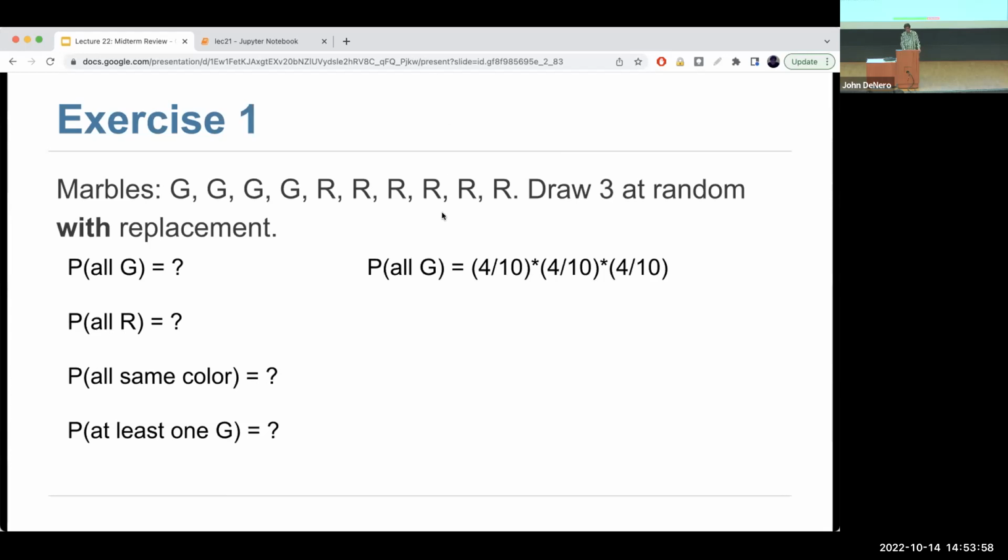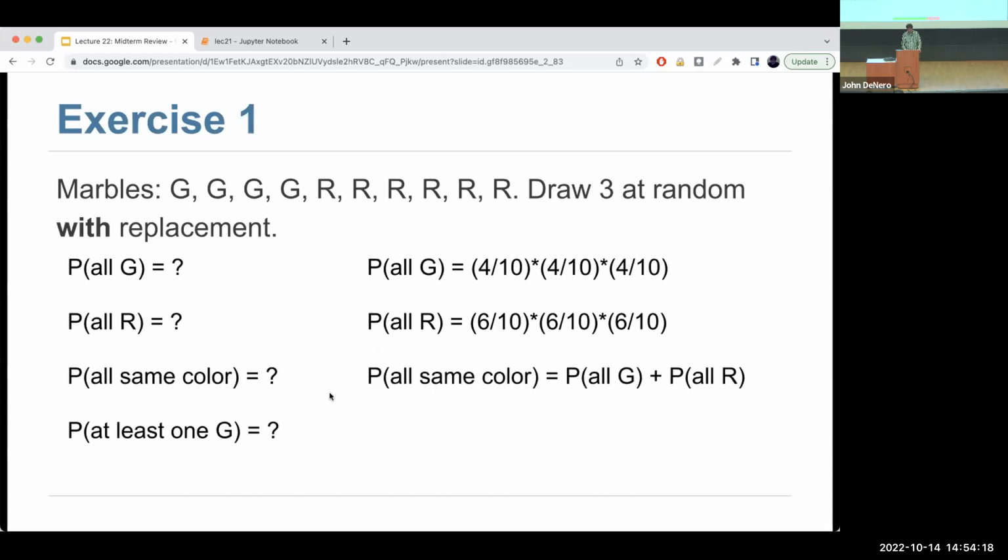So here's what you do on the exam. The chance that they're all green is the chance that the first one's green times the chance that the second one's green given the first one's green, times the chance that the third one's green given the first two are green, which is 4/10 to the third power. The chance that they're all red, similar structure.